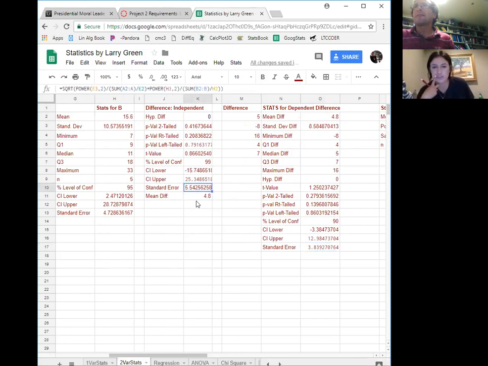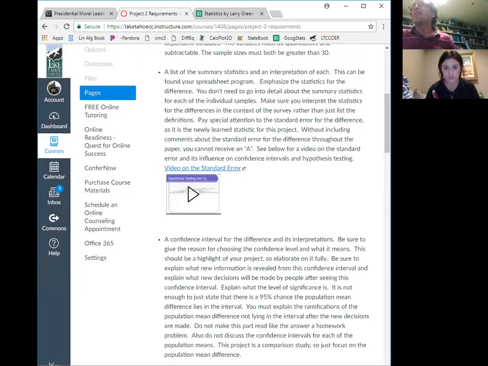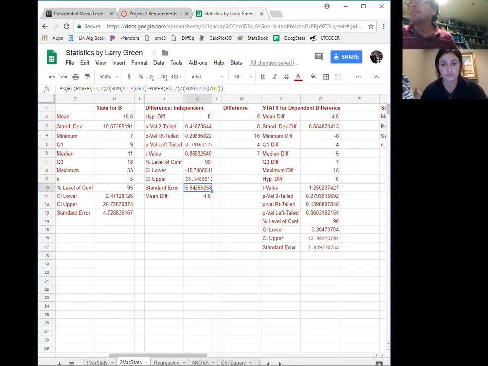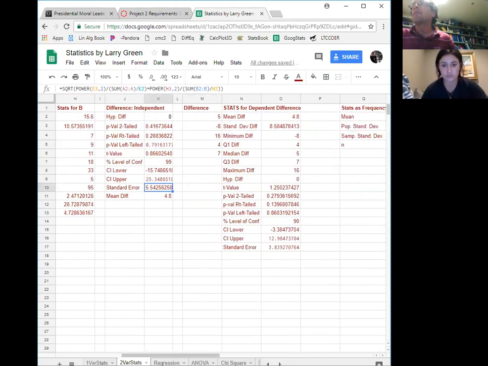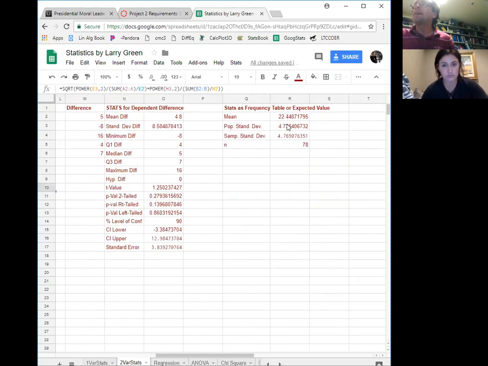Not really. Okay, and that's true of most people. Those are the two main ones. If any others stand out, you can use other statistics also, because there are stats for A and stats for B, the first and the second. By the way, don't use this third one, the frequency thing. That's not going to happen in the project.